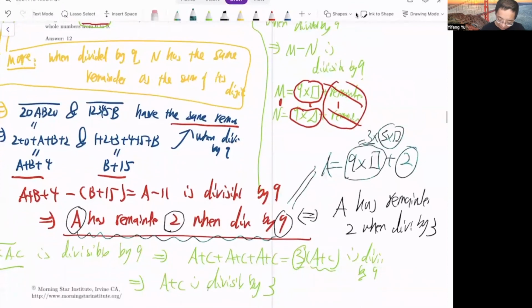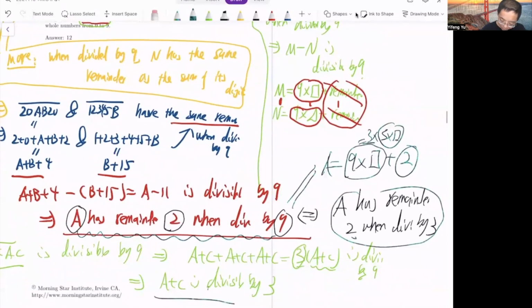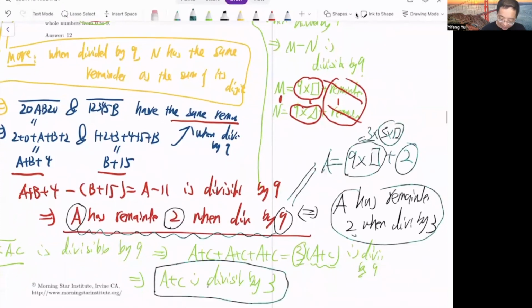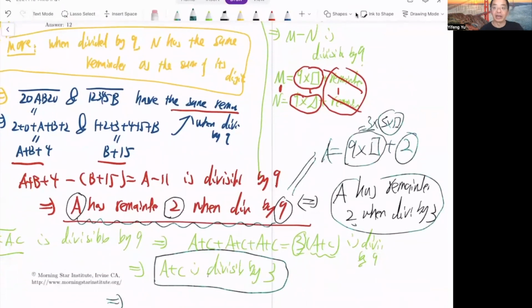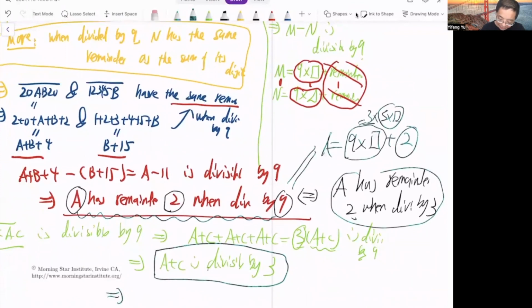Okay, all right. So we get a has the remainder 2 when divided by 3, but it also requires a plus c is divisible by 3. So this tells us about c when divided by 3.